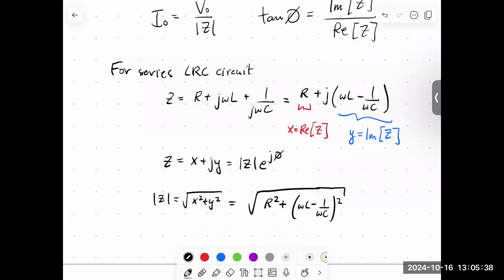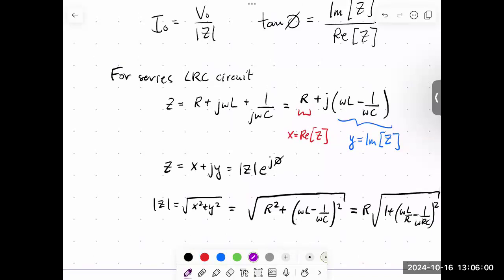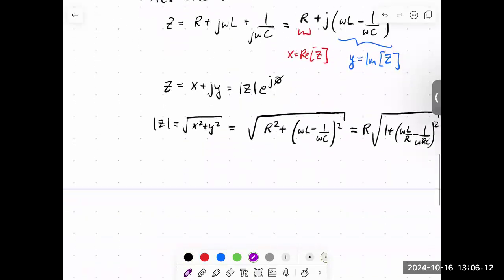And that's it. Now I'll factor out the R. We'd like to write this as R times the square root of 1 plus omega L over R minus 1 over omega RC, squared. If we go back and look, the amplitude of the current is just the amplitude of the voltage divided by the magnitude of the impedance, and we've already calculated that.